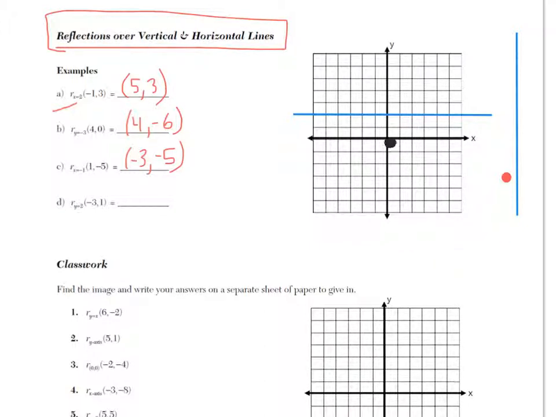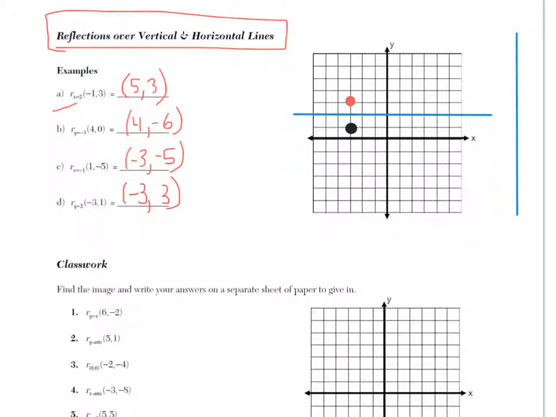My point is at -3, 1. And my reflection point should be 1 away from the line of symmetry, but on that same line. What's the location of that red point? Let's see, -3, 1, 2, 3. -3, 3.